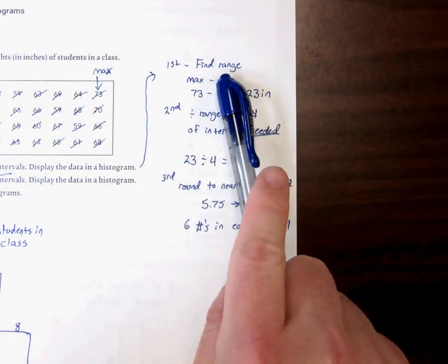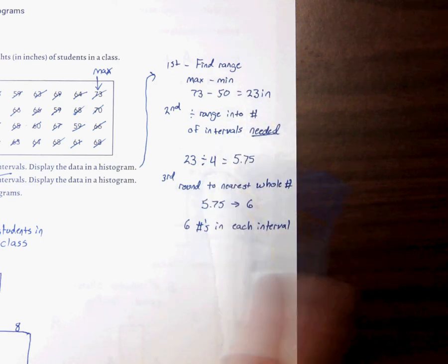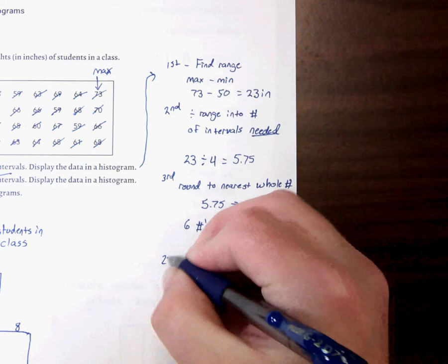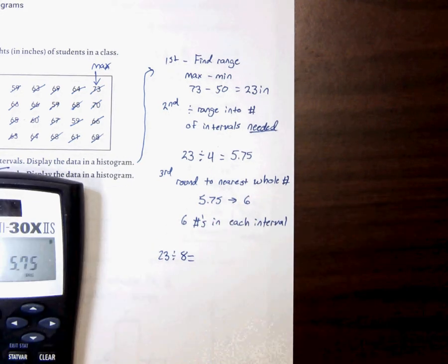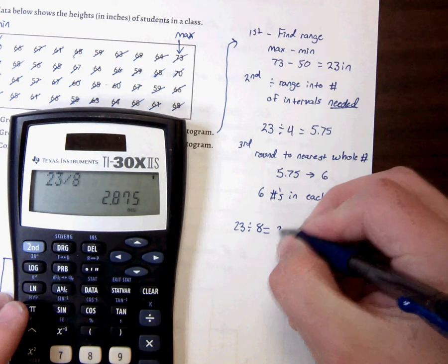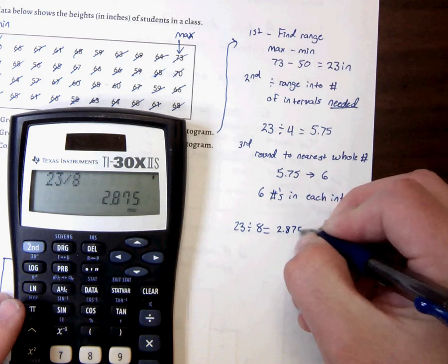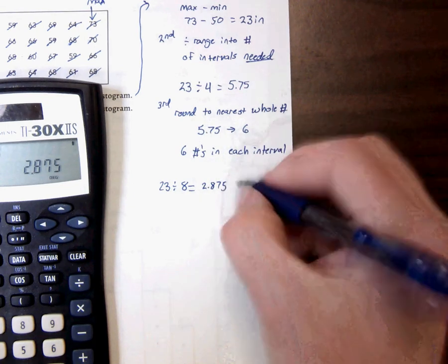So, 23 divided by 8 will give us 2.875. And we're going to round that, like it says, to the nearest whole number. So that becomes 3. That means we want 3 numbers in each interval.